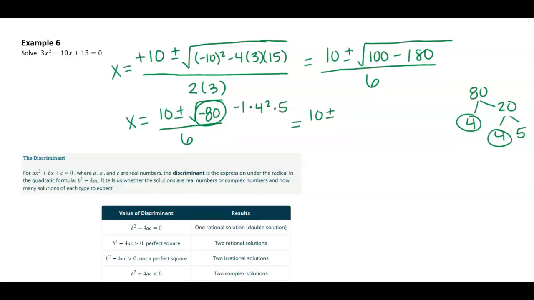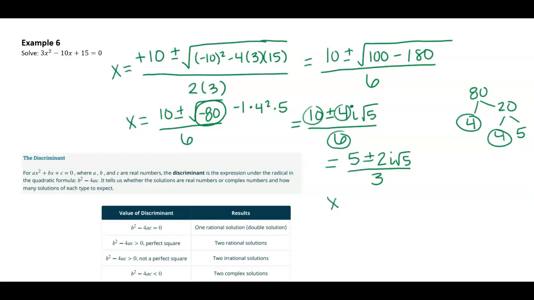The square root of negative 1 means that this is going to be an imaginary number. The square root of 4 squared means I can take 1 4 on the outside and leave just the square root of 5 on the inside piece. Now all of my numbers in the top are even and the denominator is also even. So I could simplify by dividing each and every term by 2 to get this as my answer.